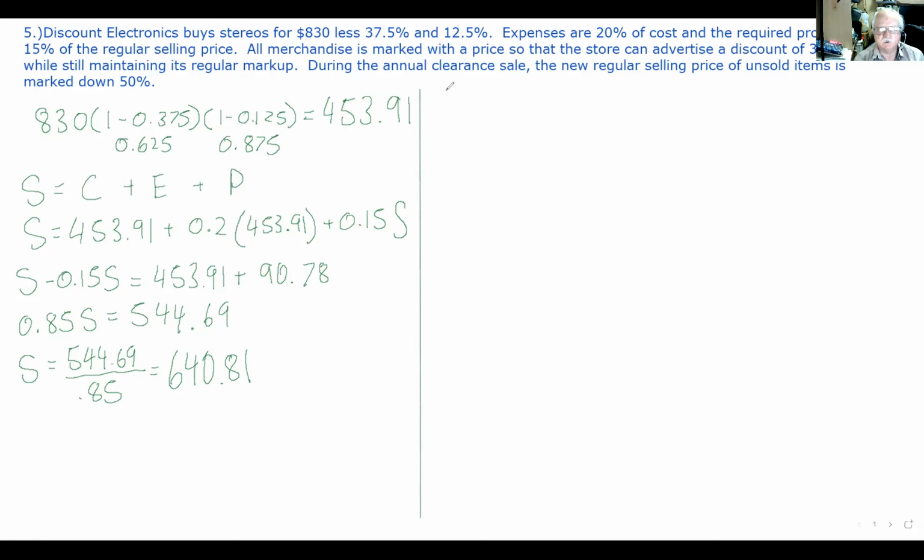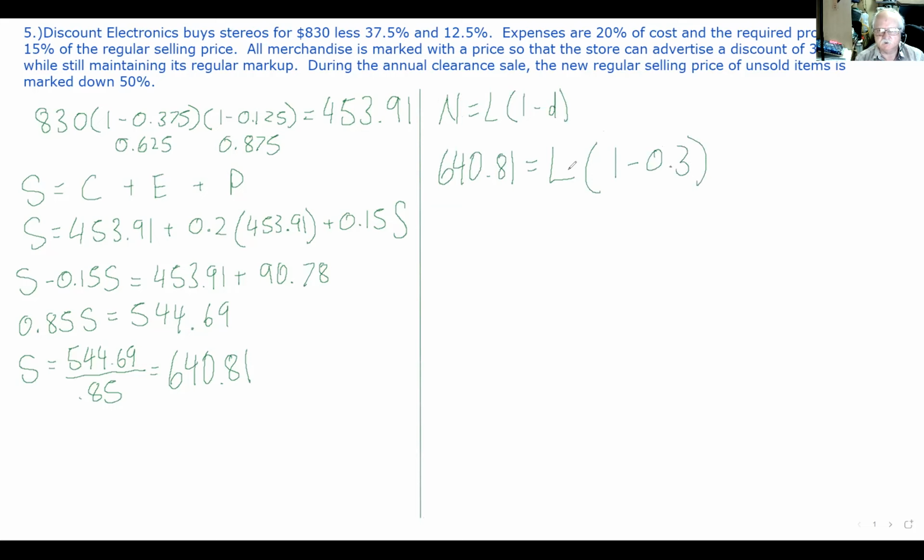So we're going to again go to N equals L times 1 minus D. And we know the price they want. It's their regular selling price, 640.81. We don't know the price they're going to put on it, but we do know they're advertising a discount of 30%, 1 minus 0.3.